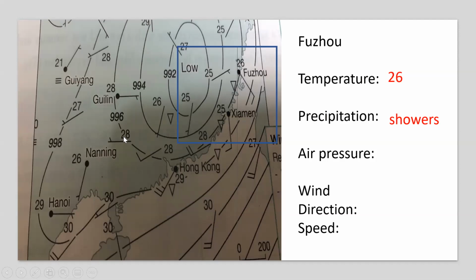Now you see it's 996, it hits Fuzhou, so it's about 996. How about the wind direction? This is south, and this is east, so southeast. How about the speed? You see only one horizontal line here, so it's 5 meters per second. Okay, next.